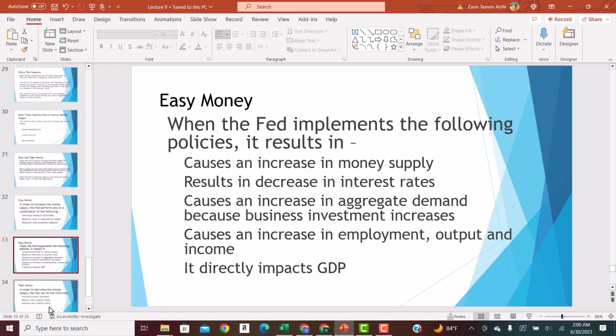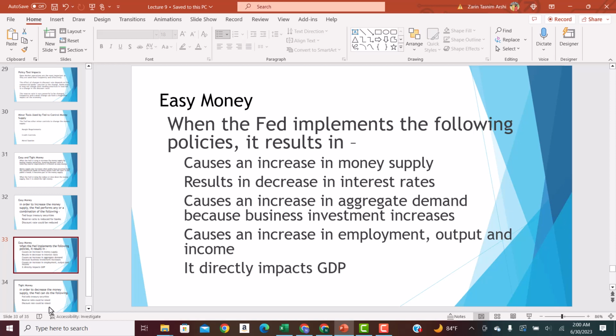When this happens, the following will happen. When these actions are taken by the Fed, it leads to an increase in the money supply, right? That is the main purpose. When the money supply increases, the interest rate will decrease because the demand curve stays the same, downward sloping, but the vertical money supply curve shifts to the right.